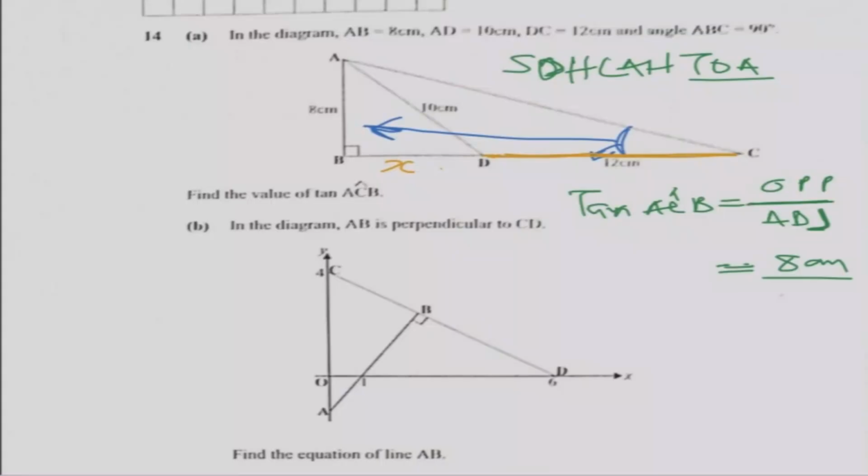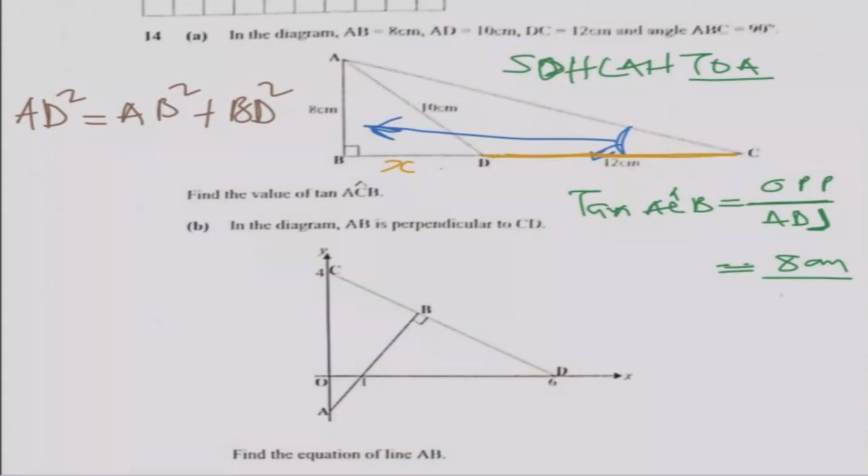I'm going to say 10 centimeters is the hypotenuse. So I'm going to say AD squared is equal to AB squared plus BD squared.